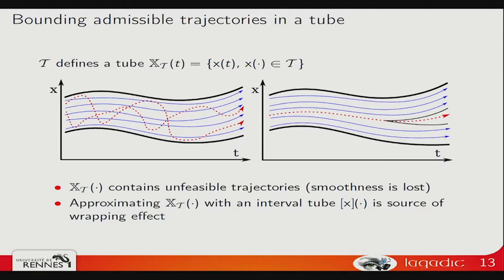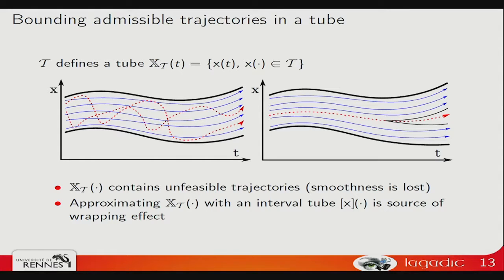Since we consider a tube, the information is lost, and so there are more trajectories in the tube than in the set of feasible trajectories.